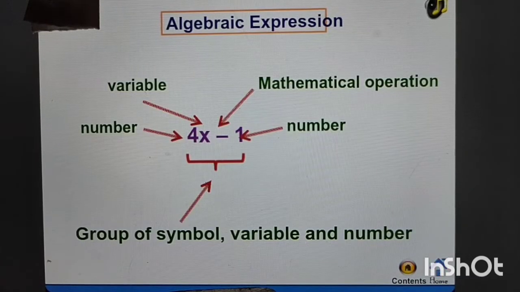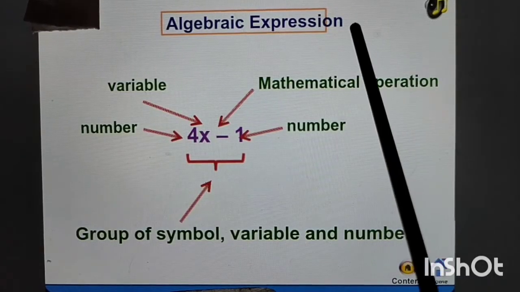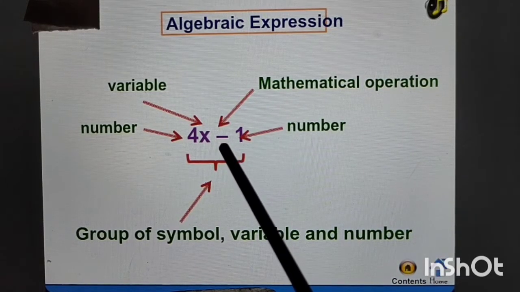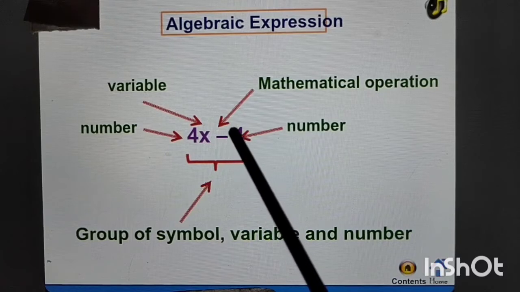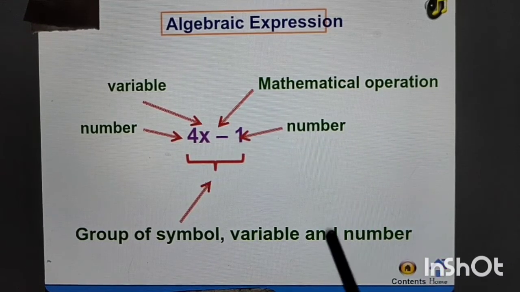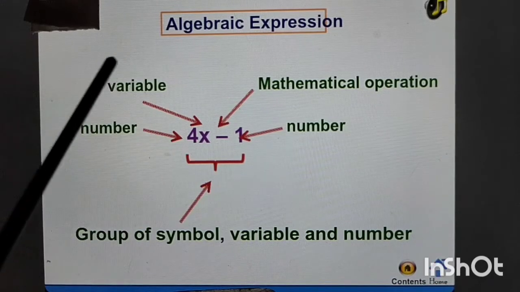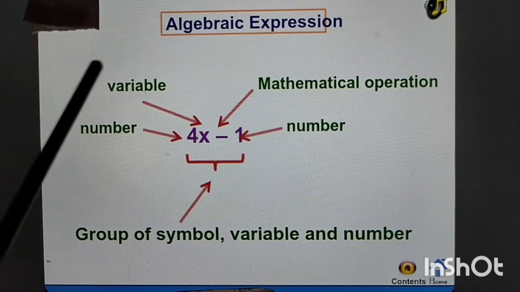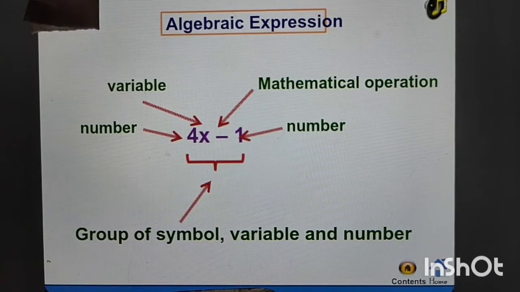Now, students, understand the algebraic expressions. A mathematical operation is used, either plus or minus or multiply or divide. These are the constants or the numbers, and x acts as the variable. So a group of all these things acts as an algebraic expression.